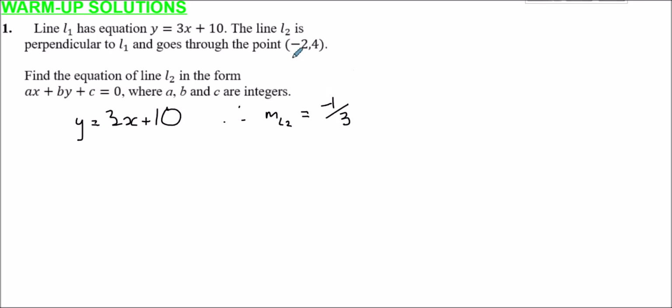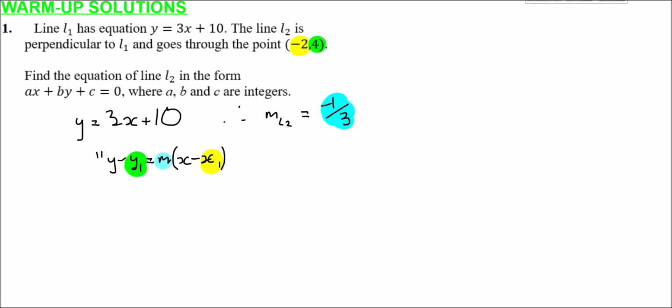It also goes through minus 2, 4. So we can use this form of the equation. We can do y minus y1 equals m brackets x minus x1, because we know a coordinate point and we know the gradient now. So we know the gradient of L2 is minus a third. We know a known x coordinate is minus 2 and a known y coordinate is 4.